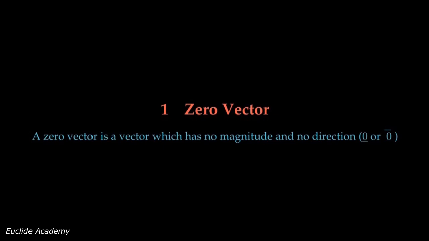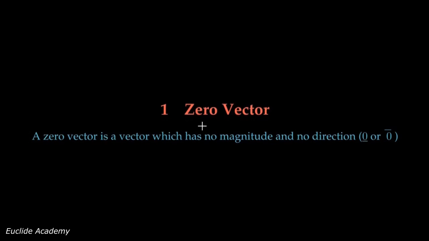Now, when you have a zero vector, you don't have direction, you don't have magnitude. We can denote a zero vector with a zero and then we underline it, or we put an overline on top.